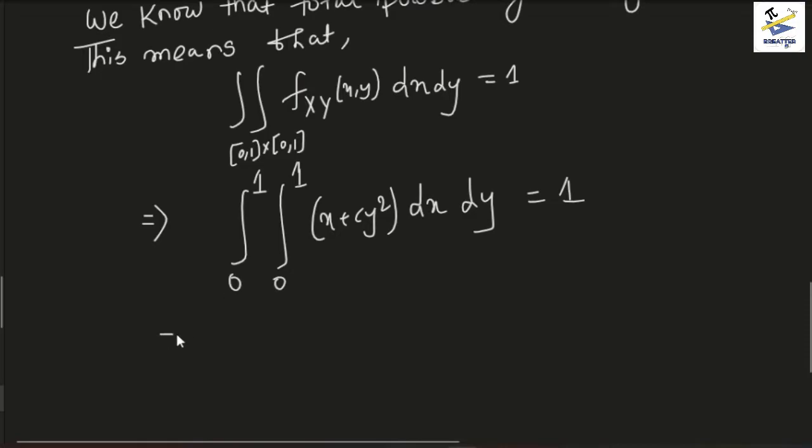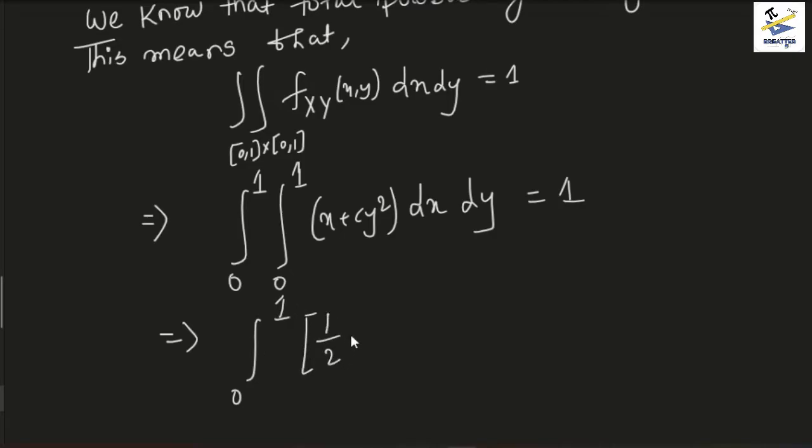Now the inner integration turns like this. It's with respect to the variable x. So obviously integration of x from 0 to 1 is 1 by 2, and for cy square it just remains as cy square dy equals 1.